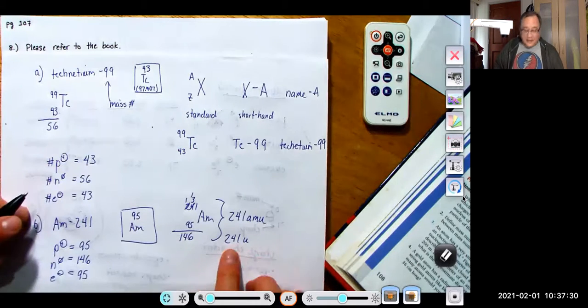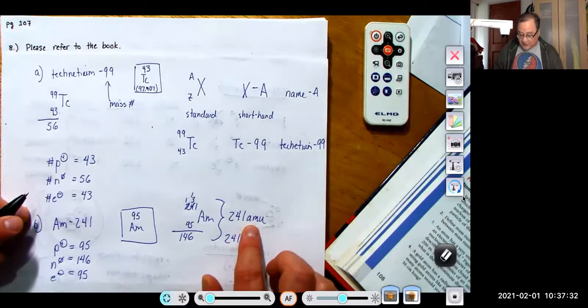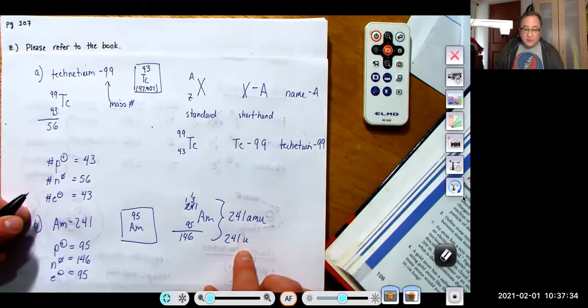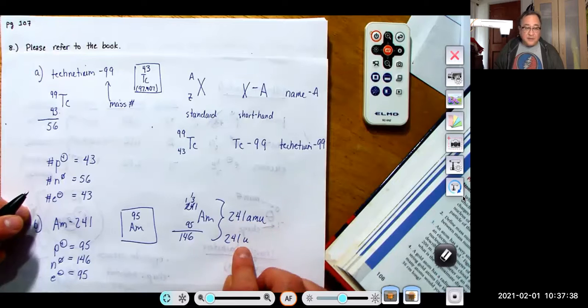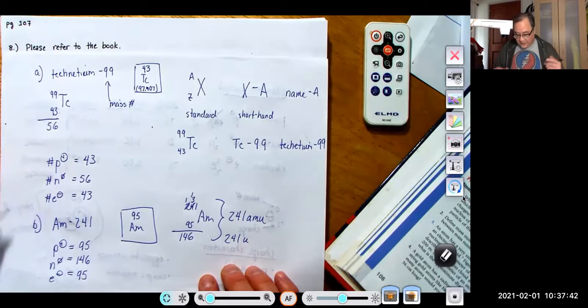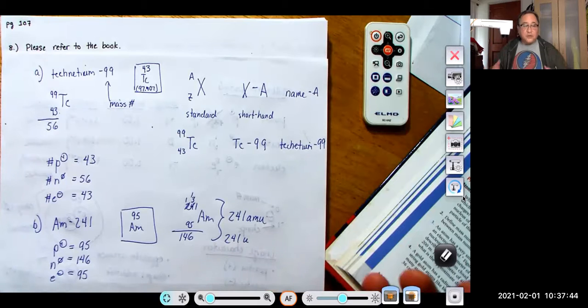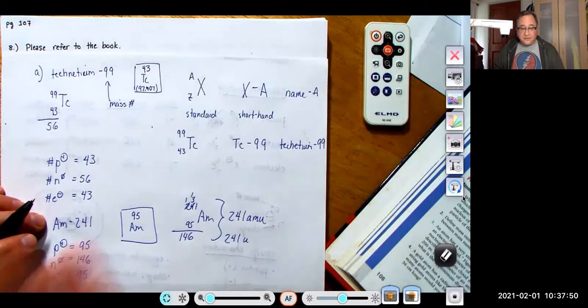These mean the same thing. This is atomic mass unit. This is an abbreviation for atomic mass unit. This is an abbreviation of an abbreviation. Okay. So we know it's 241 because we know that each proton and each neutron weighs 1.00. This is going to be good to 3 significant figures.